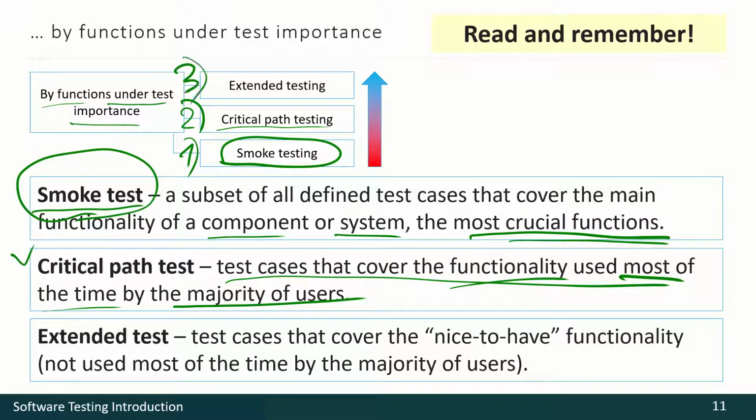The third level is the extended test. Tests on that level usually cover all the functionality that is nice to have. So let's continue with the same example. For instance, we have some special mobile phone and there is such a requirement that a nice flower should appear at the corner of the screen on the birth date of the user.